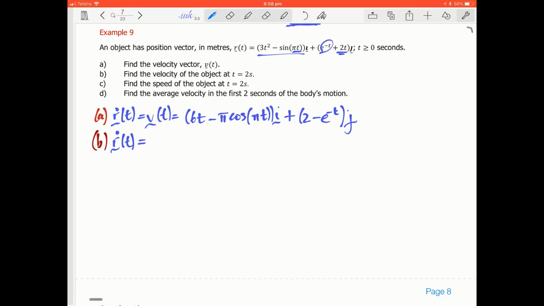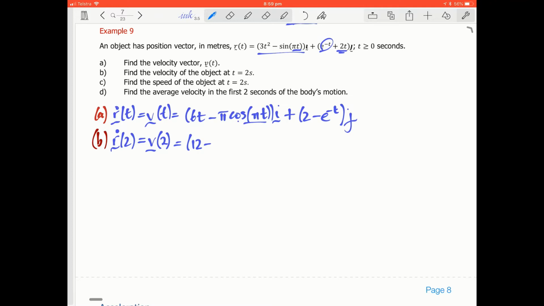Now if I put 2 into this function, v of 2, we get 12 minus cos of 2 pi is 1, and I've got minus pi, so I get 12 minus pi i plus, when I put 2 into this, I get 2 minus e to the negative 2 j.